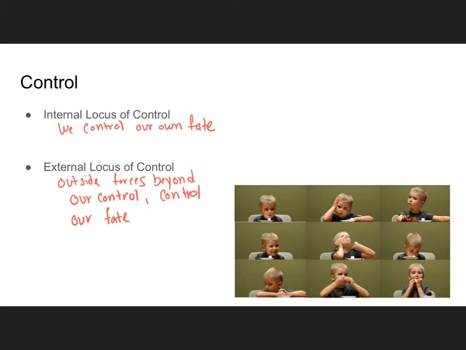Or external locus of control, where outside forces beyond our control determine our fate: oh, well, Mrs. Cesario doesn't like me, so I'm just never going to do well in her class. Or I just don't get it, so I'm never going to do well in that class. Those are external locuses of control. But both of these two items fall under what we call self control.